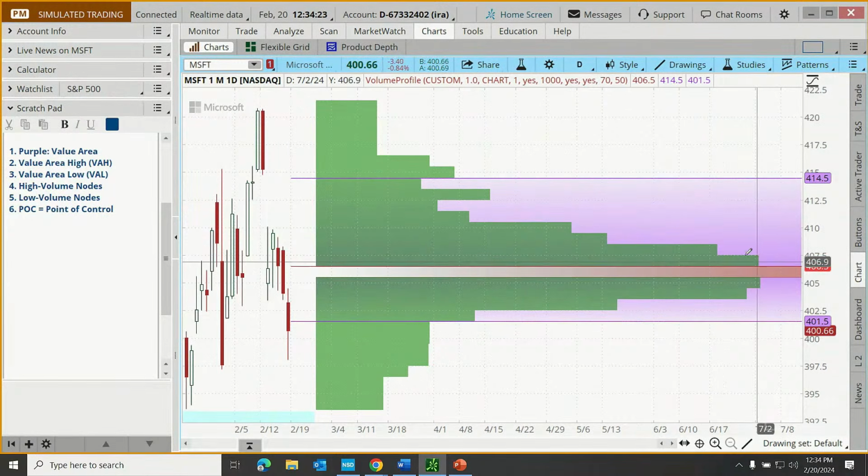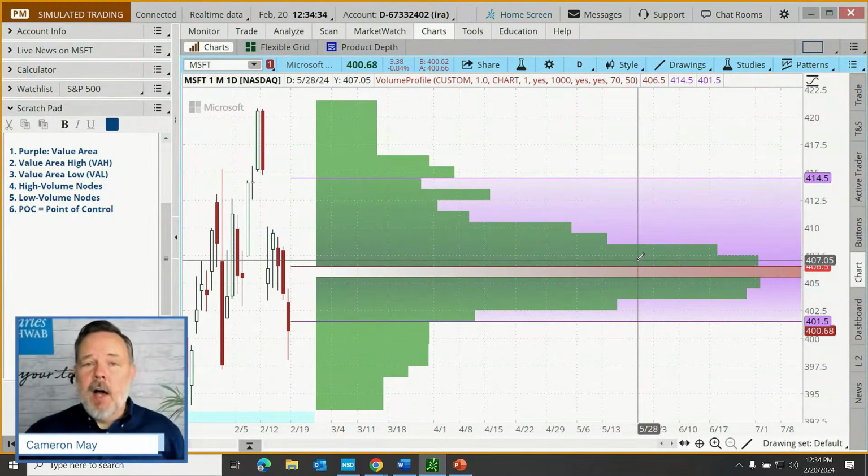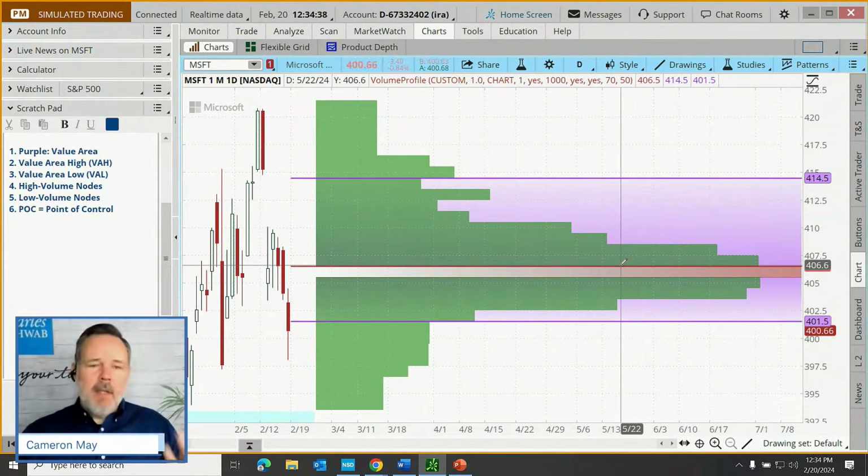For some, they may view this as easier to read. It's not going to give us quite the granularity of the automatic application of this indicator. So for better or for worse, it's kind of like going from a daily chart to a weekly chart. There's not as much information, for better or for worse.